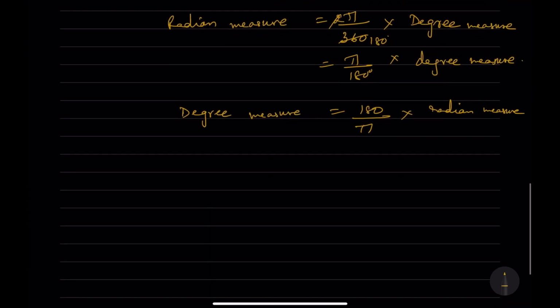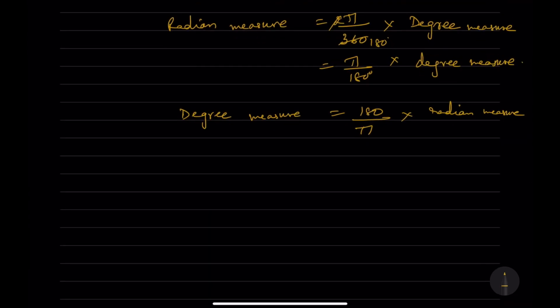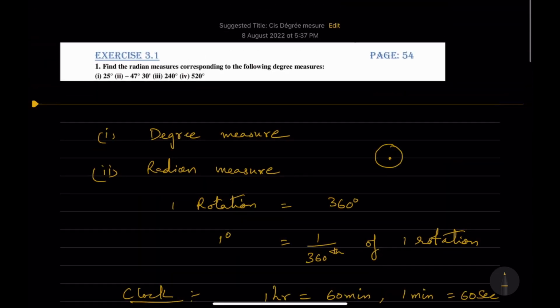We have just seen the formula. Since we have to find the radian measure, we'll use radian measure equal to pi by 180 into degree measure. The first problem given to us is 25 degrees.